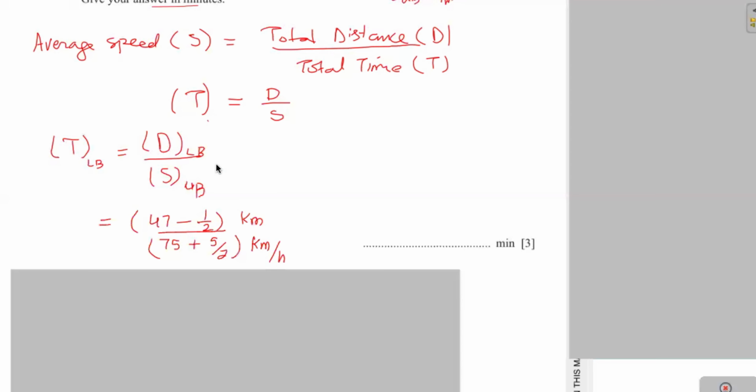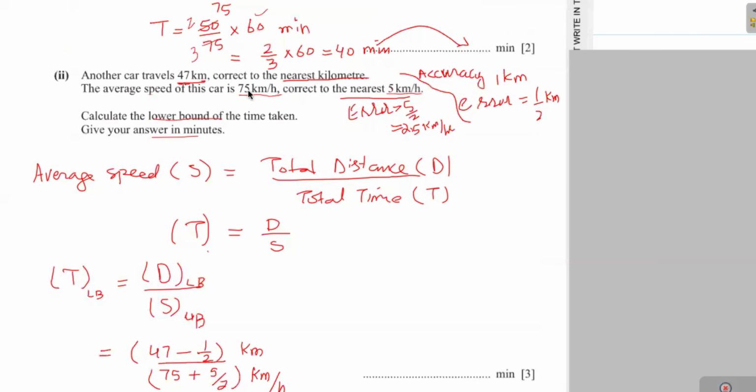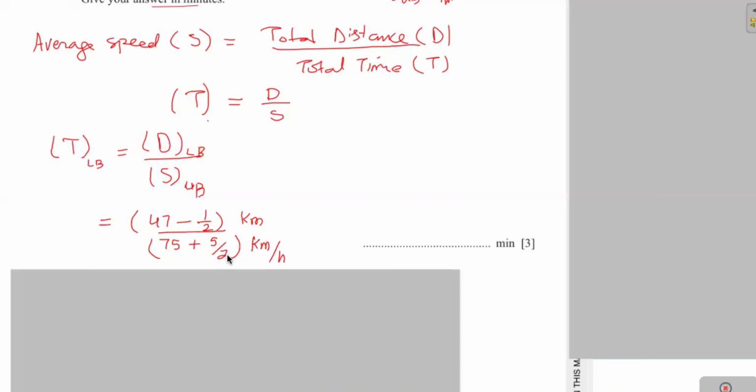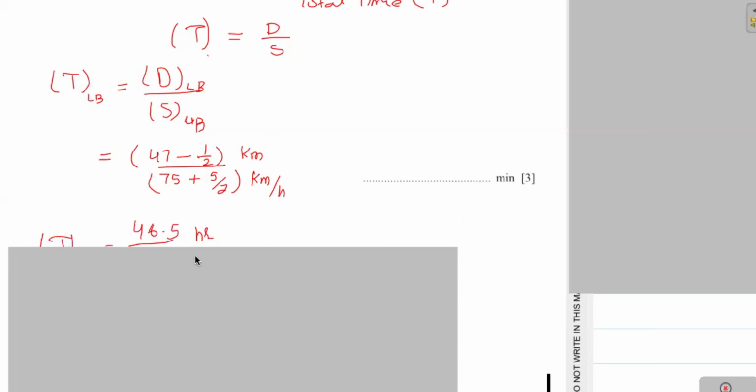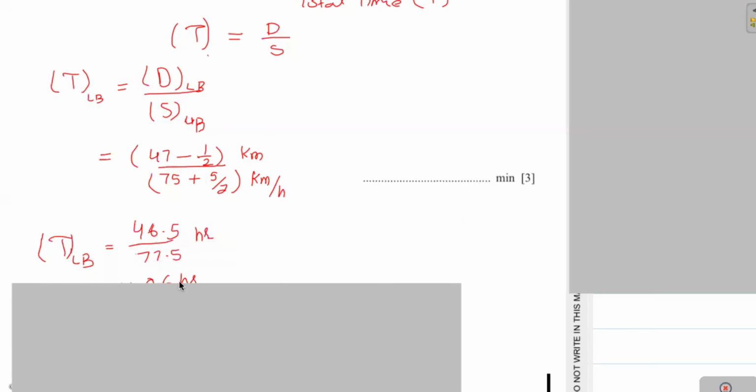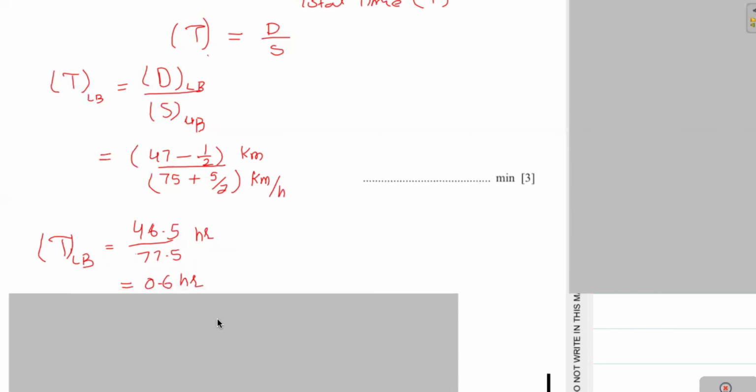And the speed is 75, but this speed we have to take as an upper bound value, therefore plus 5 over 2. Now we will simplify this. We get 46.5, and 75 plus 2.5 is 77.5.